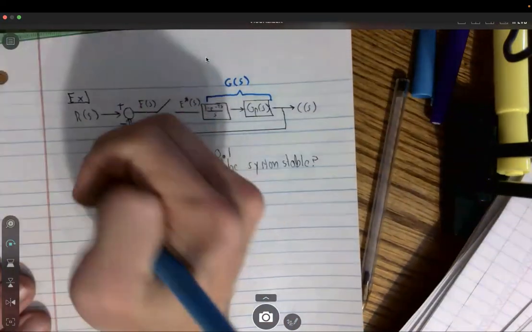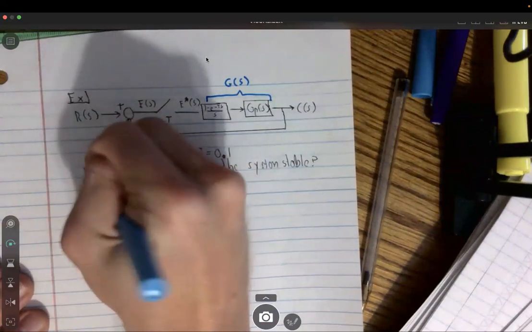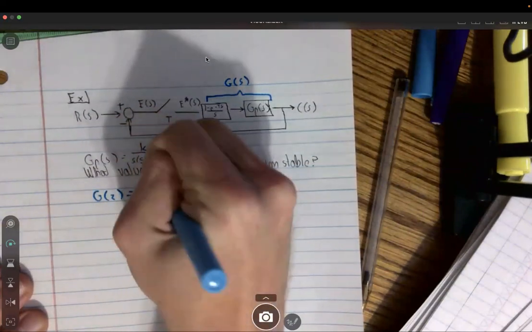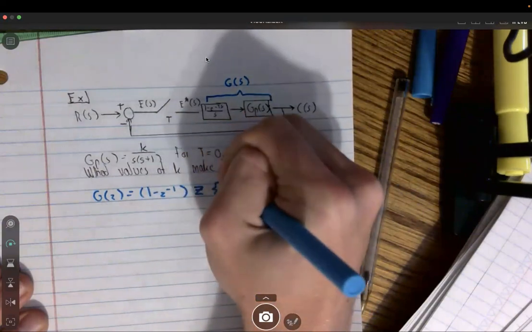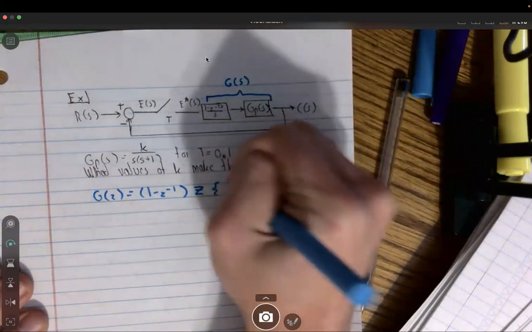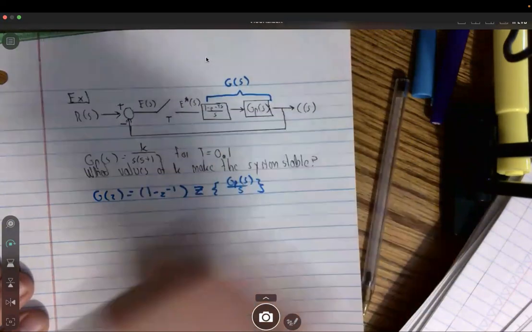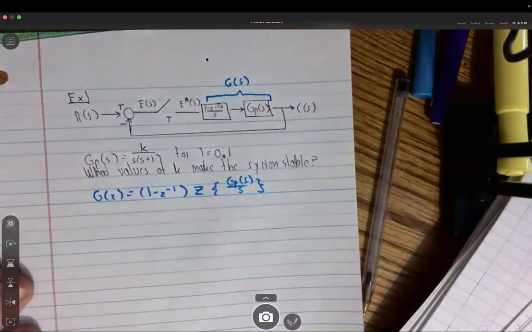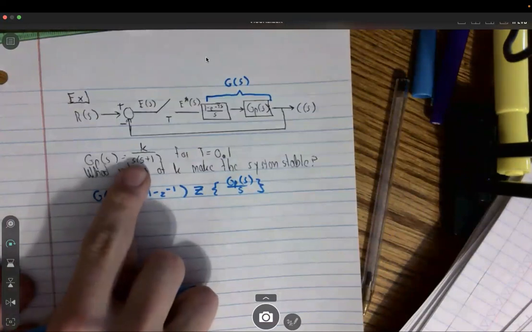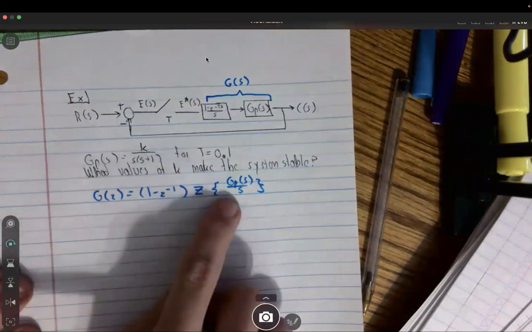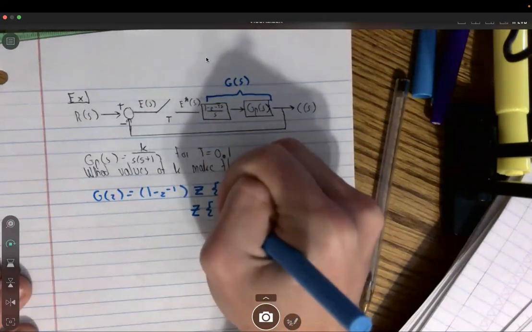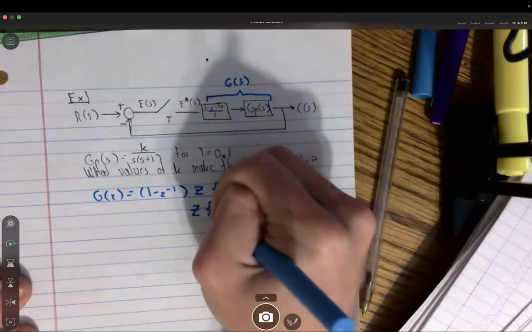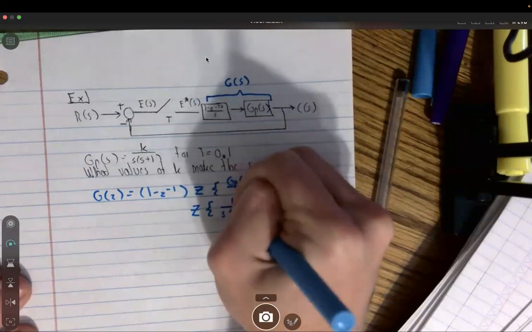To find G of z, it's going to equal 1 minus z to the negative 1, and then the z transform of Gp of s all over s. Okay. So our Gp of s is defined here. And so now if we try doing the z transform of that one, it's going to be K all over s squared times s plus 1.